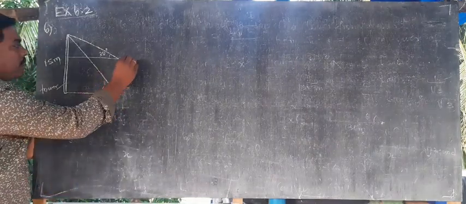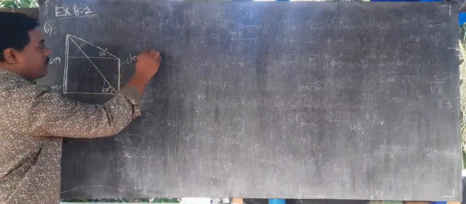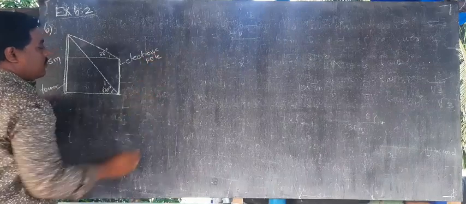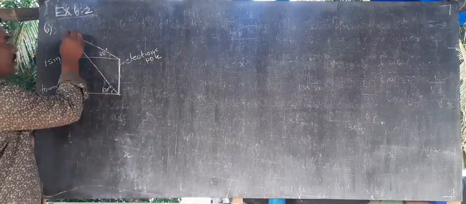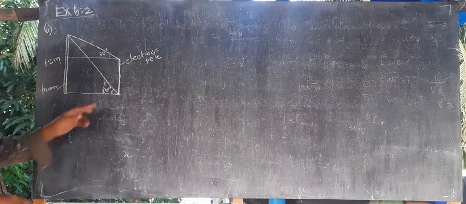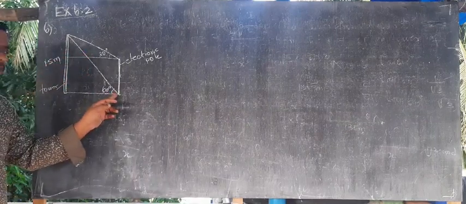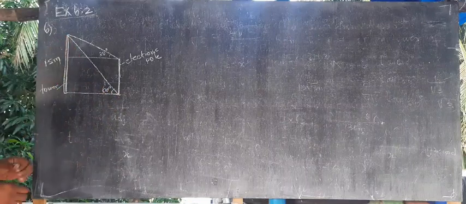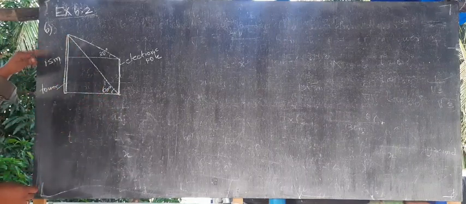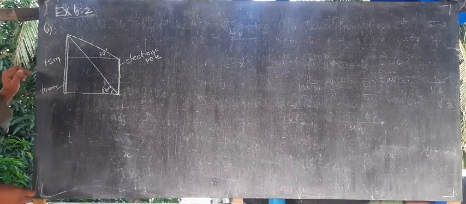This is the electronic pole. From the top of the electronic pole you are seeing the top of the tower, that is called 30 degrees. From the bottom of the electronic pole you are seeing the top of the tower, that is called 60 degrees. We know the height of this tower is 15 meter.